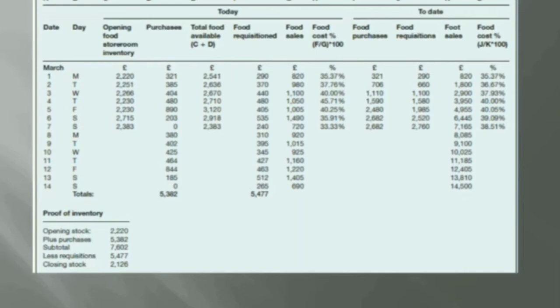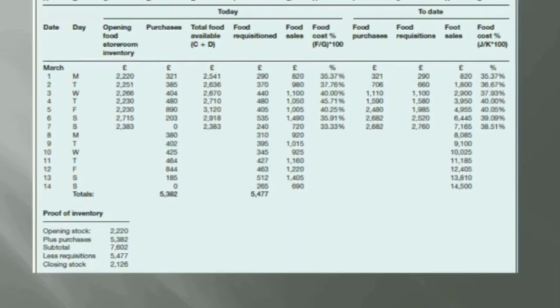It includes the day, opening food storeroom inventory, purchases for the day, total food available, food requisition for the day by the kitchen, food sales, and food cost percentage calculated for the day.